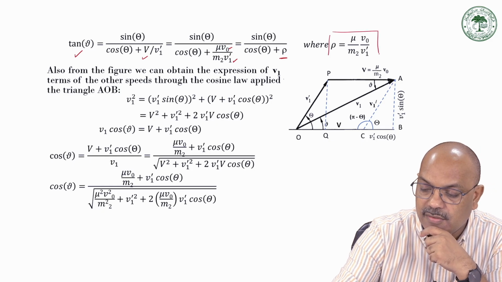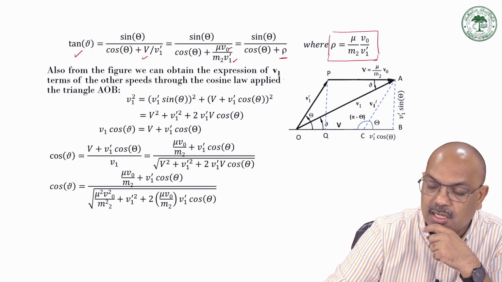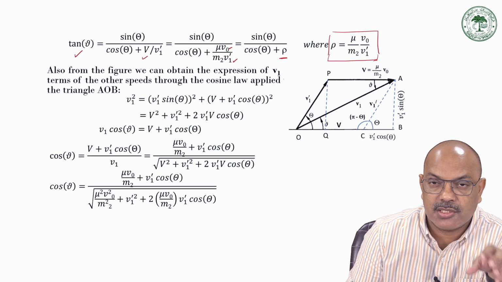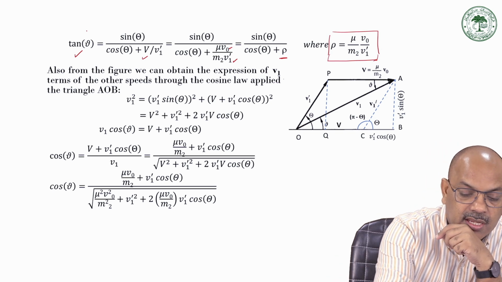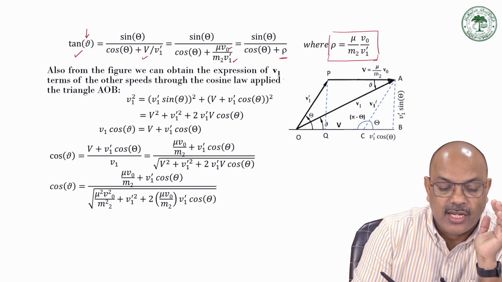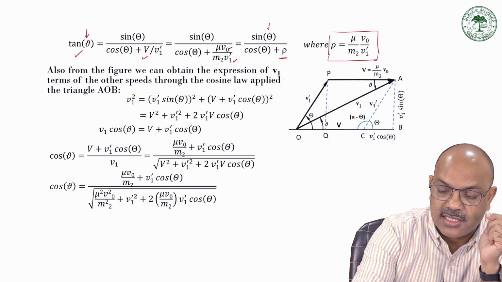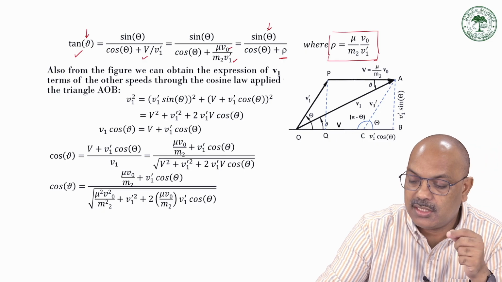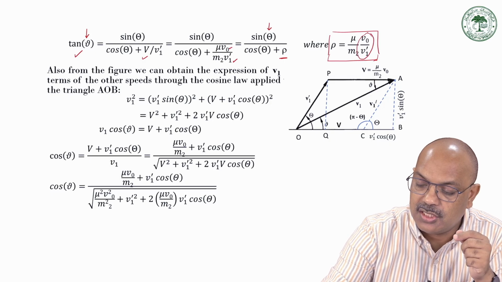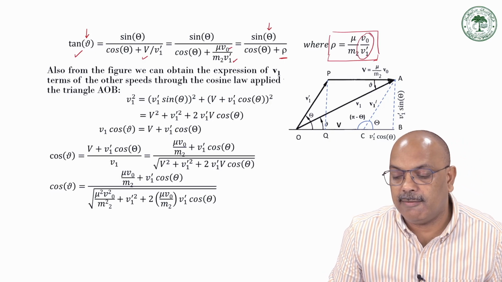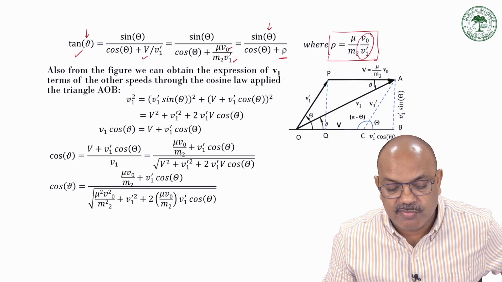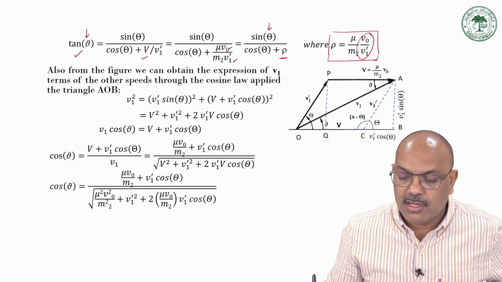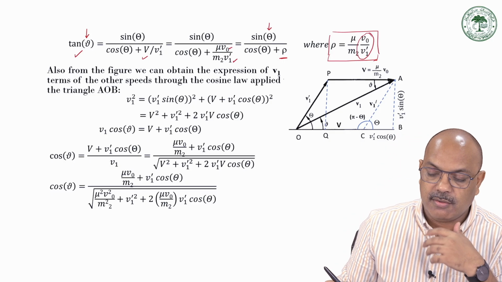This expression gives me the relation between the scattering angle in the lab frame and the scattering angle in the center of mass frame, in terms of the velocity ratio of particle 1 in the lab frame and in the center of mass frame. Now let's try to move further.